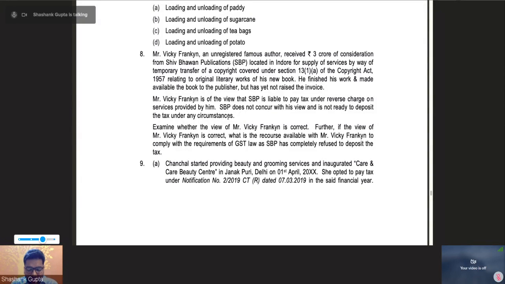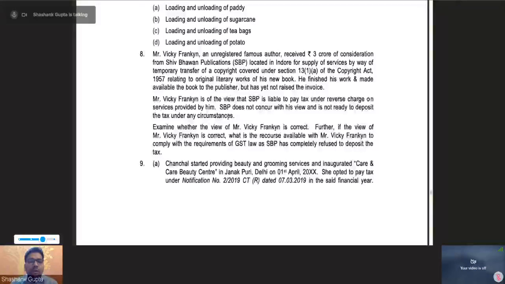Mr. Vicky Franklin, an unregistered famous author, received rupees 3 crore of consideration from Shiv Bhavan Publications located in Indore for supply of services by way of temporary transfer of a copyright covered under Section 13, sub-section 1, Clause A of the Copyright Act, 1957, relating to original literary works of his new book.